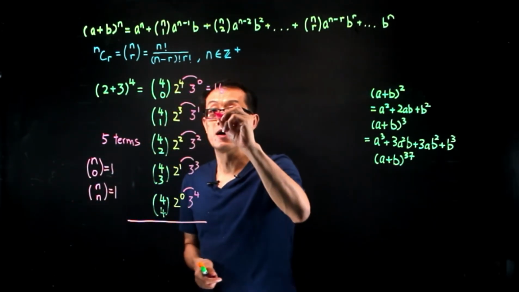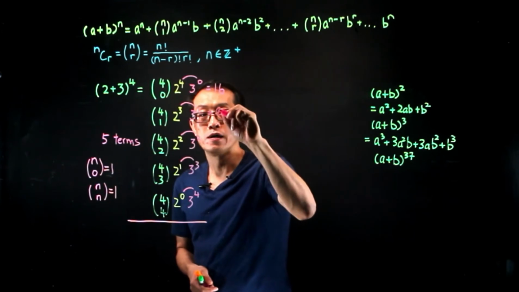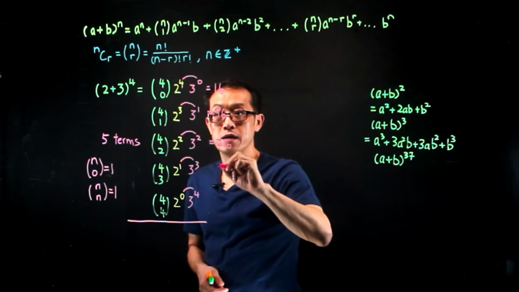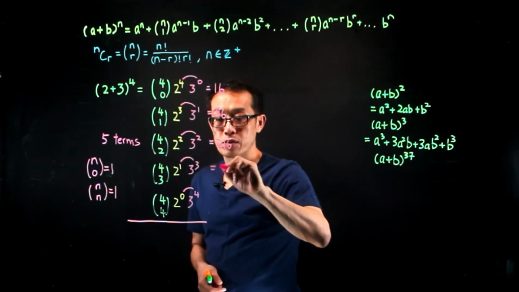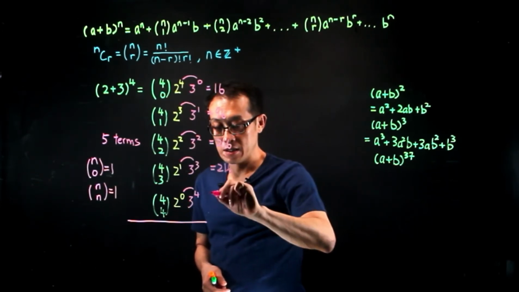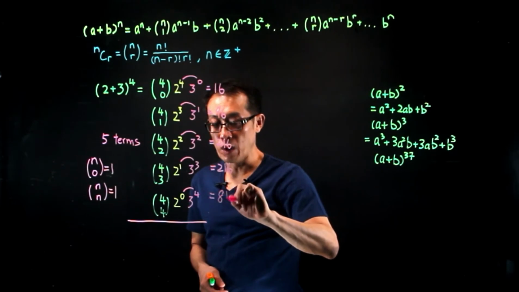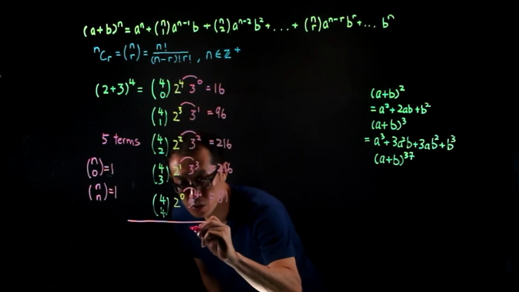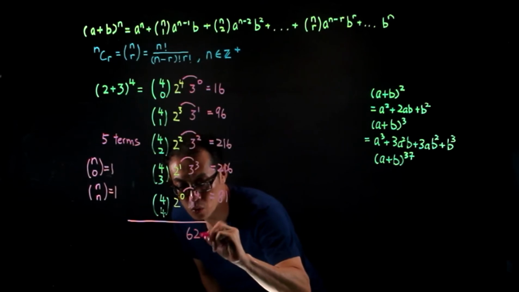Now you press this in the calculator, this will give you 96, and this will give you 216, and this one will also give you 216, and this one will give you 81. You add all this up, you find that this is equal to 625.